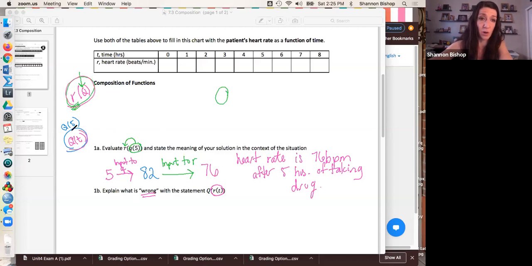There was no R of T, so that's already problematic. And then if you say to yourself, well, wait a second, Bishop, this very last table at the end, that actually would have been R of T. So maybe that's where this problem starts. Okay, I'm willing to humor you on this one. Maybe that is where it starts.